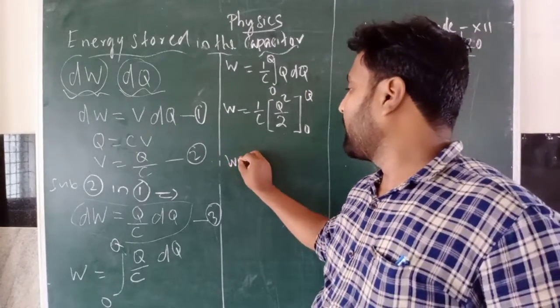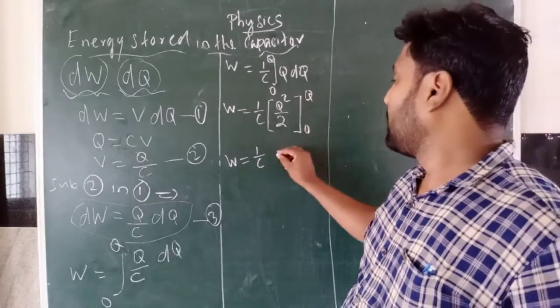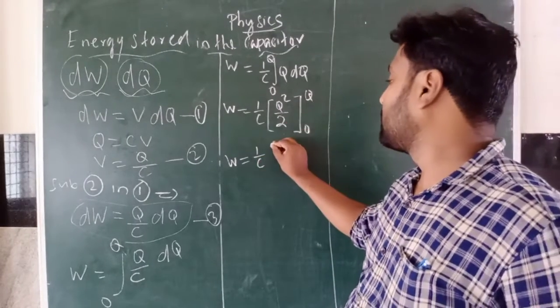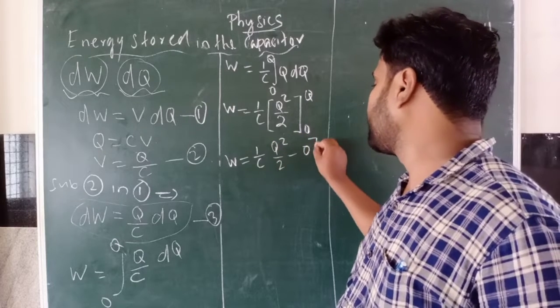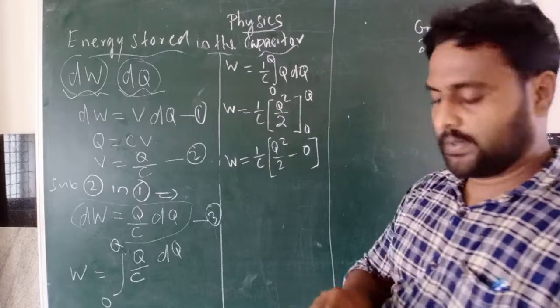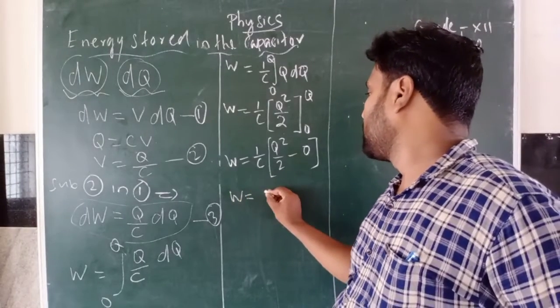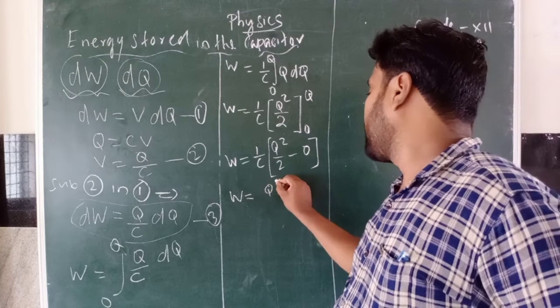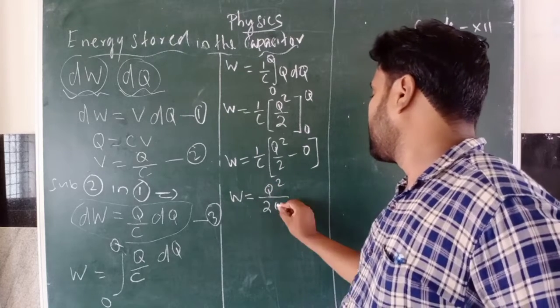Now W equal to 1 by C, apply the upper limit: Q square by 2 minus 0. Now what will come? W equal to Q square by 2C.